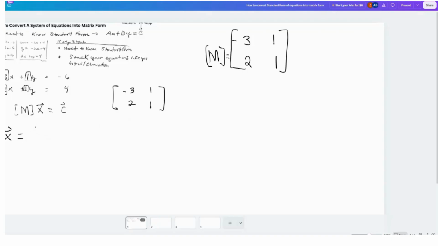It's equal to the column vector x and y, right? C is equal to negative 6 and 4, right? So what I do is I kick the ankles from x and y up. I boot it to where it's horizontal, and I slap that mentally right there, and I drop my x and y.